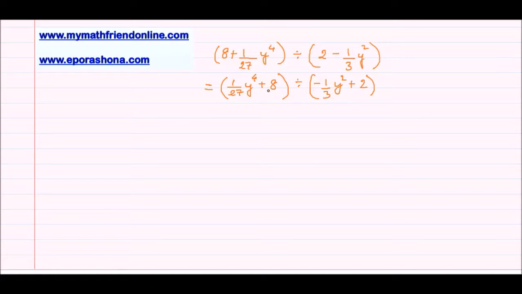So the dividend should contain terms involving y to the power of 3, y to the power of 2, y to the power of 1, and there is the constant term which actually has y to the power of 0. So we see that there are 3 missing terms which should be inserted in between these 2 terms. And what will be the coefficients of those 3 terms? Obviously equal to 0, because these 3 terms actually do not exist in this dividend.